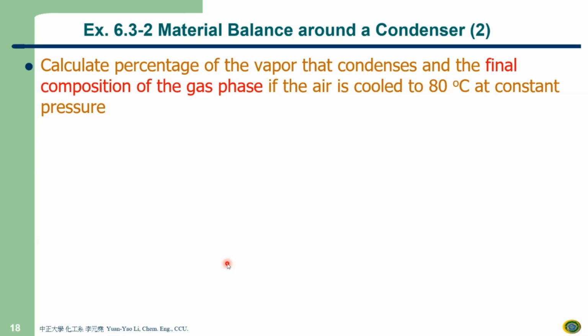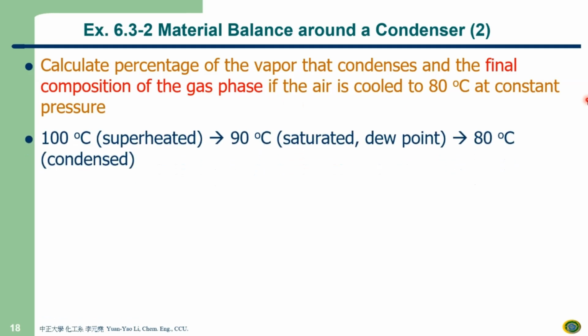At that time, I want to ask you, what is the molar fraction of the water vapor? Or I can ask you the composition of the gas phase. So from 100 Celsius decrease to 90 Celsius, you already know this dew point, and it decreased to 80 Celsius, so more and more water vapor condensed.